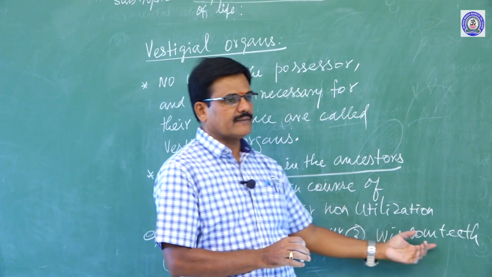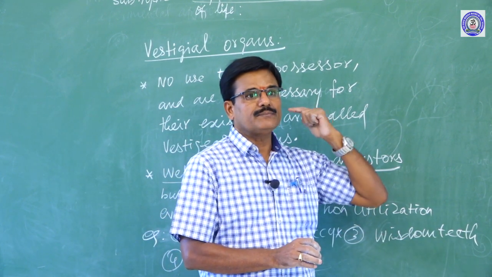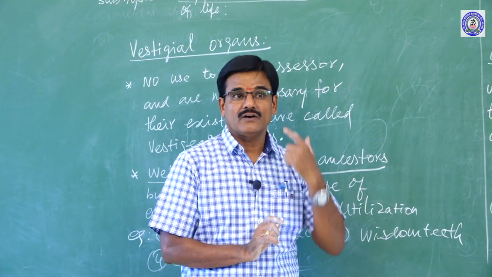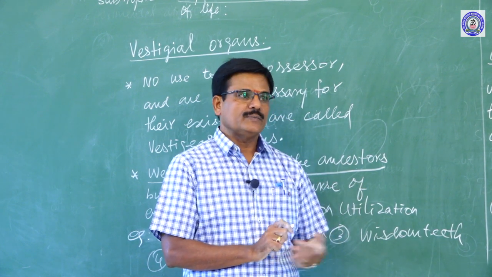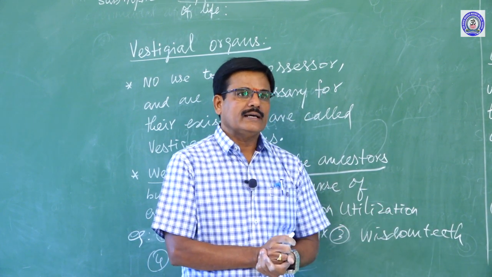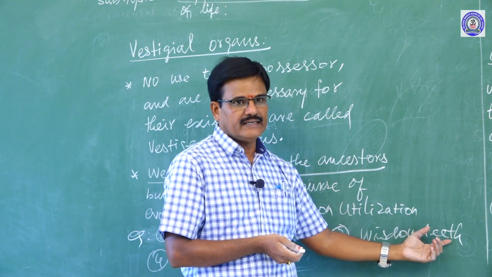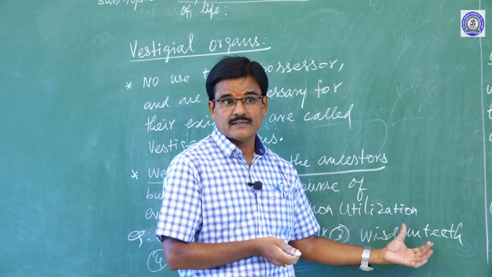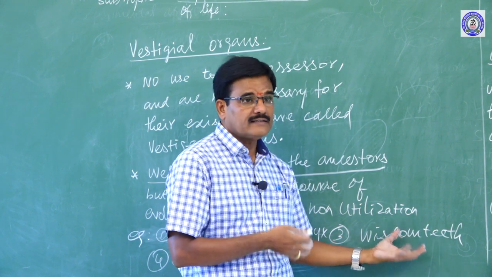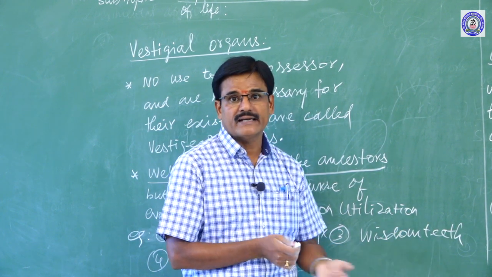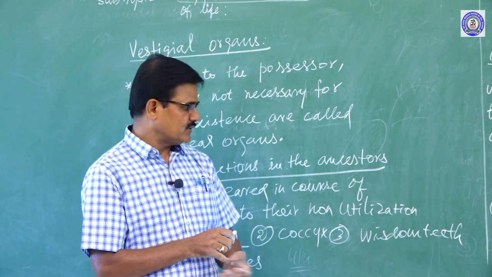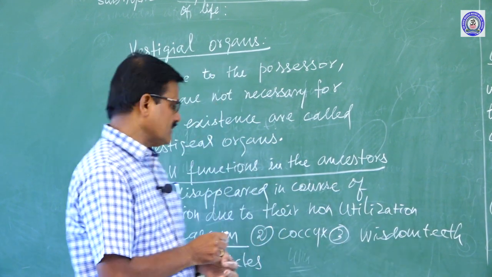Next, wisdom teeth. The human being has wisdom teeth, the last teeth, next to the molar teeth. It is non-functional. It is not helping for grinding or any other purpose. So, that is one vestigial organ.